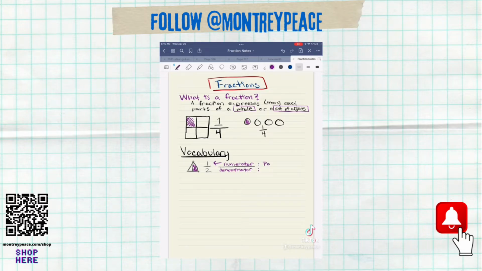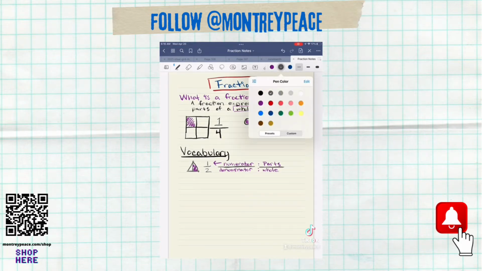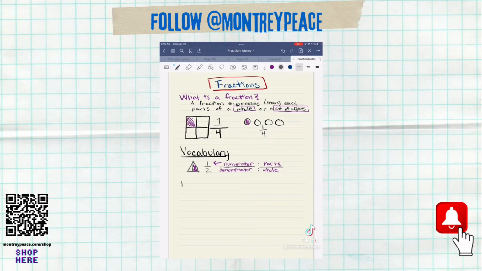So you draw your arrow in to connect the denominator to the 2. Part, the whole. Part's always on the top. The whole thing is always on the bottom. So if you can remember those 4 key vocabulary words and what they mean and where they go, that will make your life with fractions a whole lot easier.